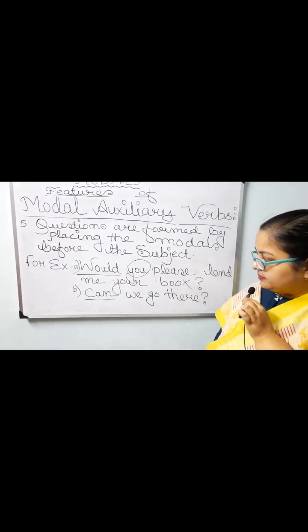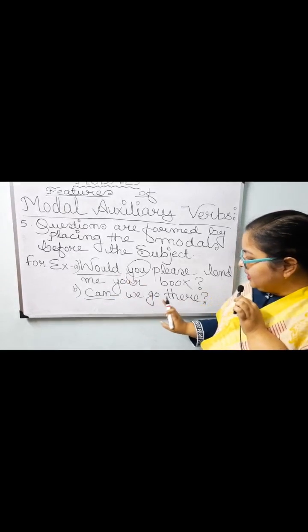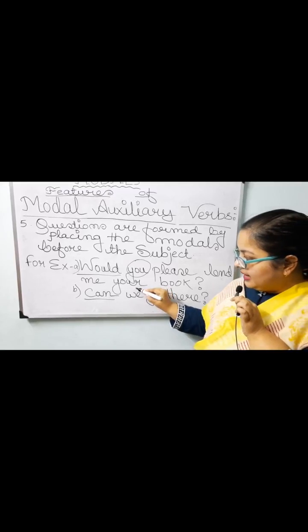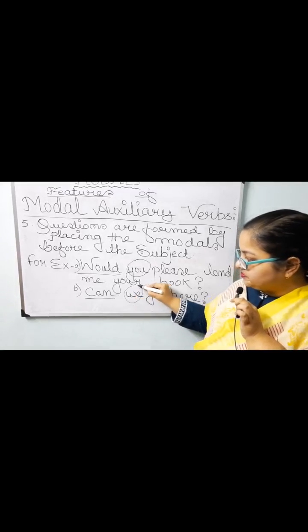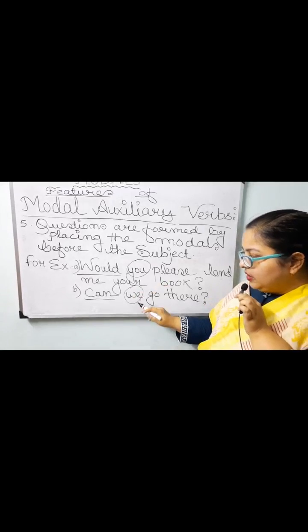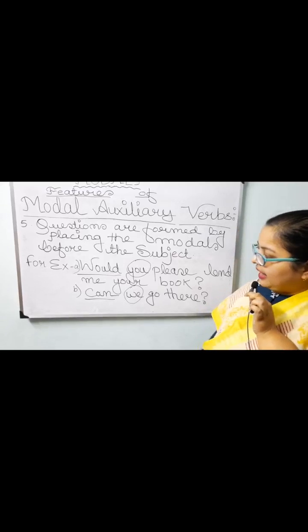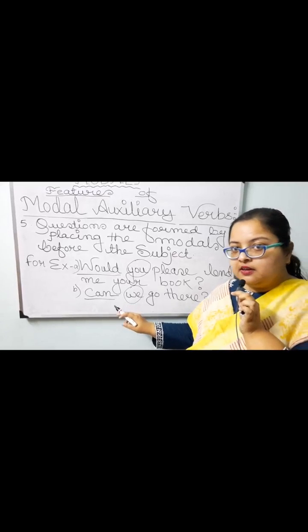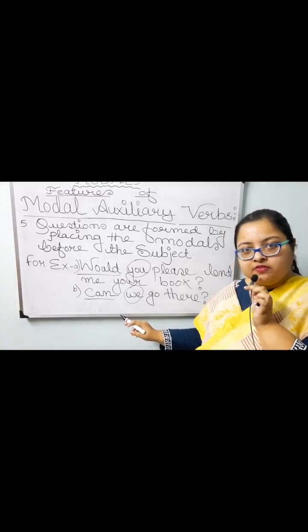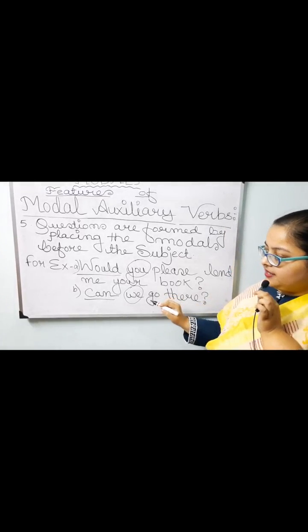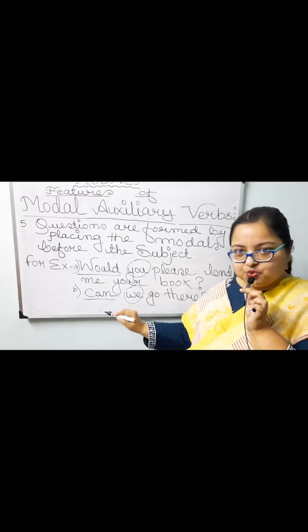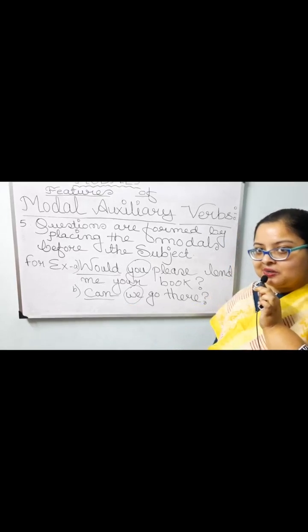Now number B. Can we go there? Where we is the subject and can is the modal auxiliary verb which is placed before the subject as usual. Can we go there?